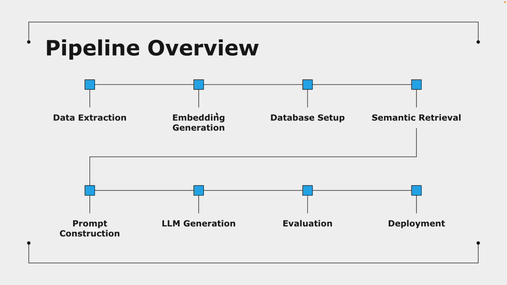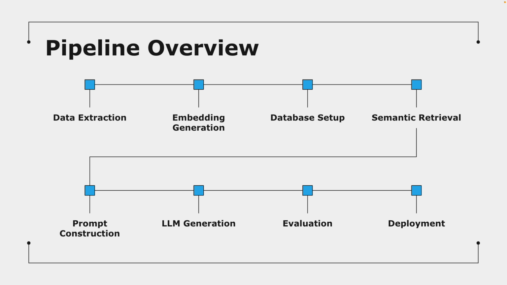So here is the pipeline overview. After pre-processing our data, I use data extraction to extract the features from our raw data and then embed them into our database. I use cosine similarity to calculate the similarities and retrieve the information according to the query.